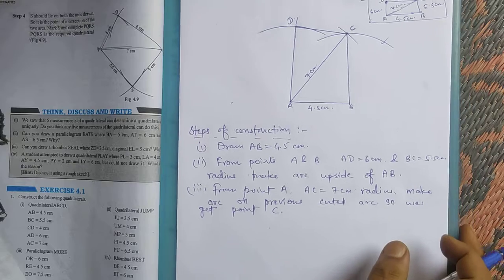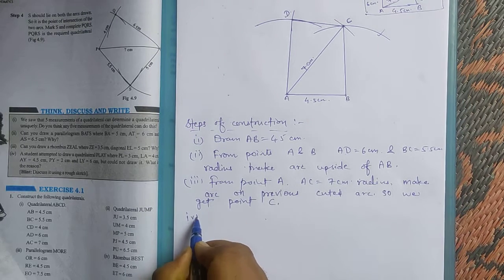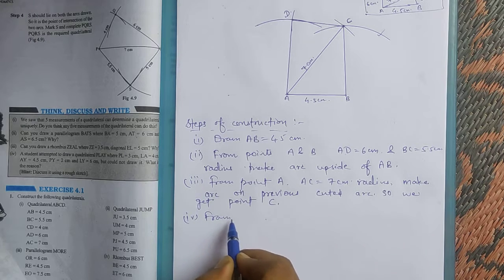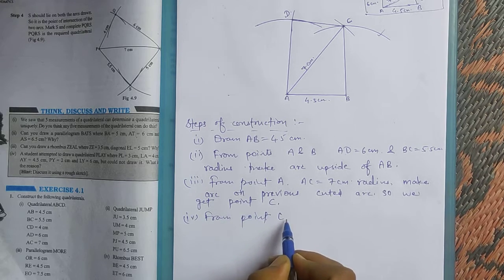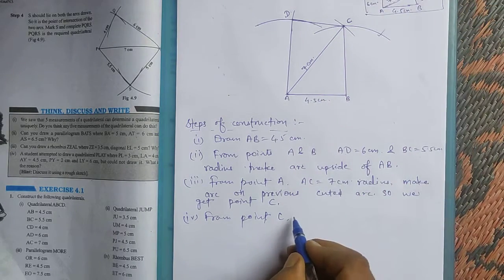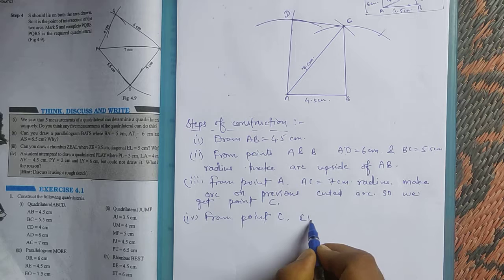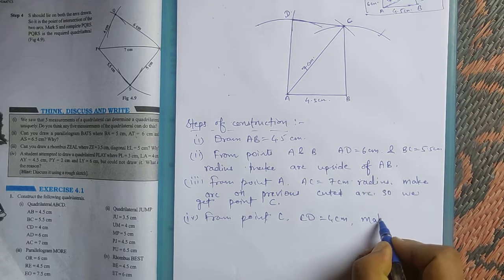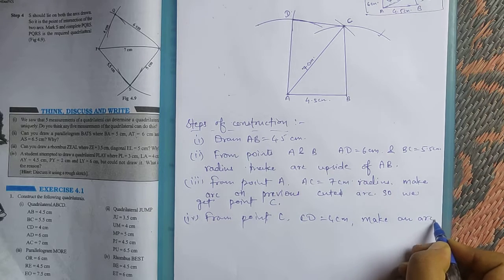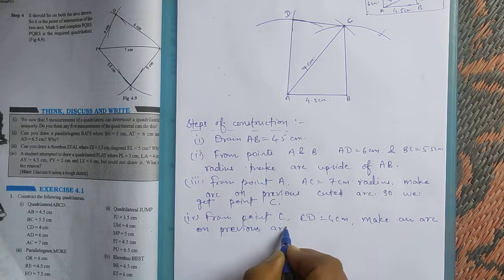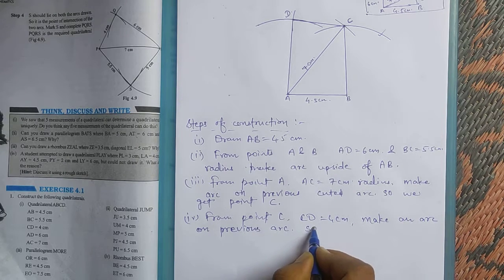So in the last step, the fourth step, we have to mention that also. From point C, we took a measurement of 4 centimeter. So CD equal to 4 centimeter, make an arc on the previous arc.